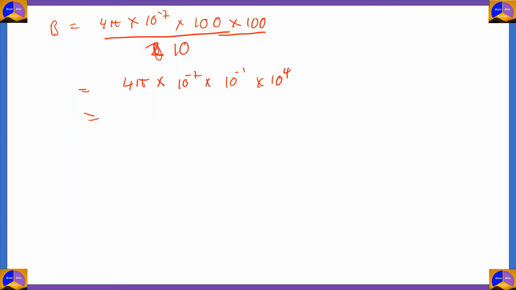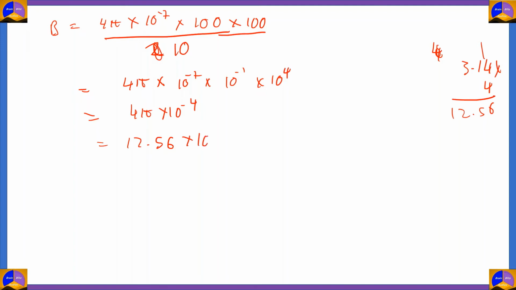So 10 raised to minus 7 minus 1 gives you minus 8. Minus 8 plus 4 gives you minus 4. So we have 4 pi into 10 raised to minus 4. So over here, it's prudent to use 3.14 because we need a value in decimal. So 3.14 times 4. 4 times 4 is 16. 1 times 4 is 4. 4 plus 1 is 5. And then 3 times 4 is 12. So we have 12.56 into 10 raised to minus 4.